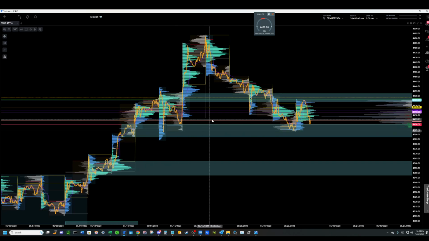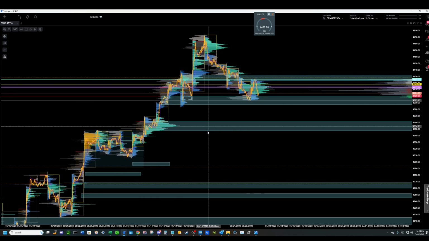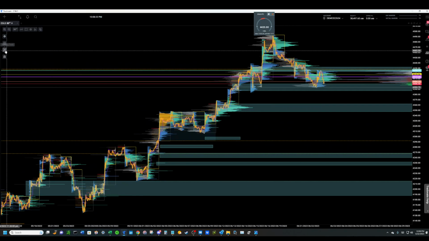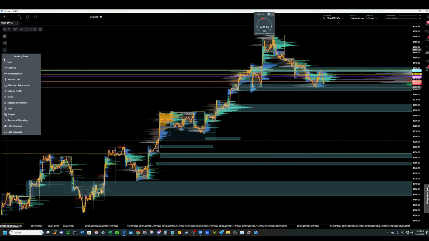It's coming down, and thus far it's showing that is where it's at a discount, and the buyers want to come in and buy it at that price. And we're in a longer term uptrend.